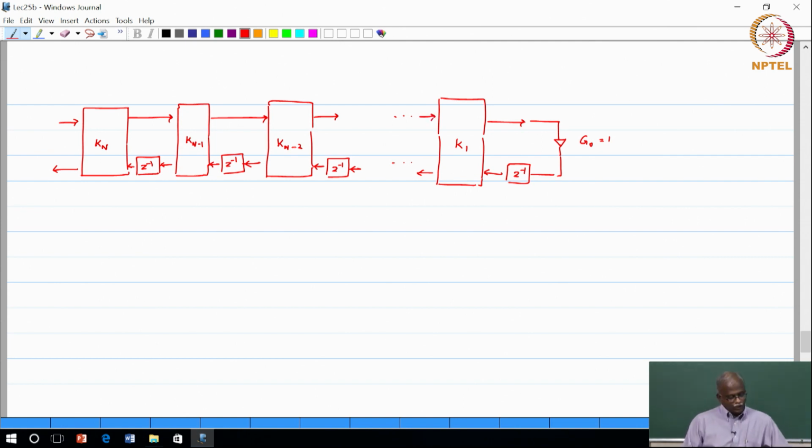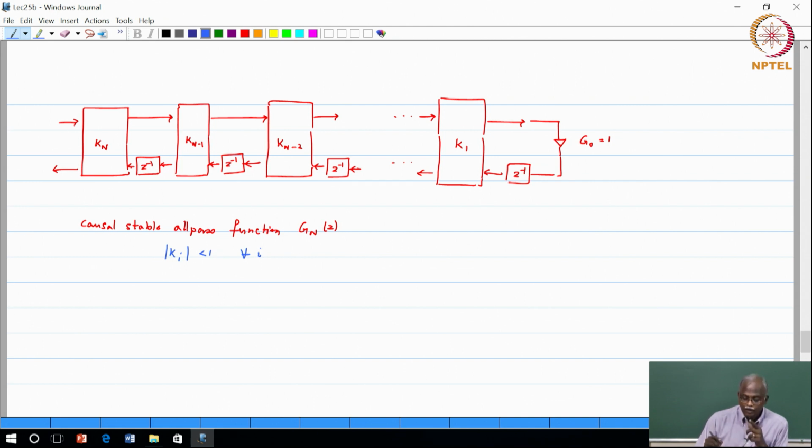Okay. So, what it says is that if I have a causal stable all pass function g n of z, then actually we can obtain a lattice structure where we can show that all the kn's are modulus less than 1, modulus k subscript i less than 1 for all values of i.